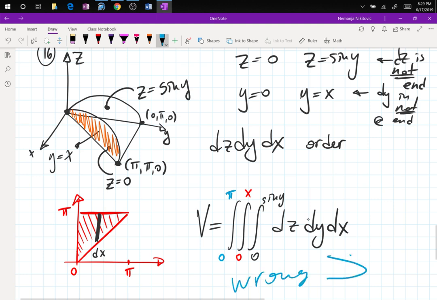Now, what's wrong? Sine of pi is 0. One of the three integrals has wrong limits. Which one and why? One of the three integrals has wrong limits. Which one and why?